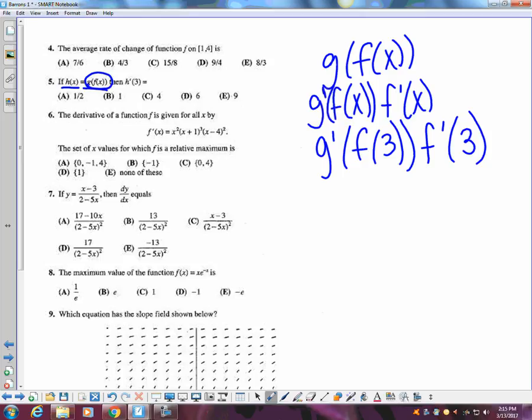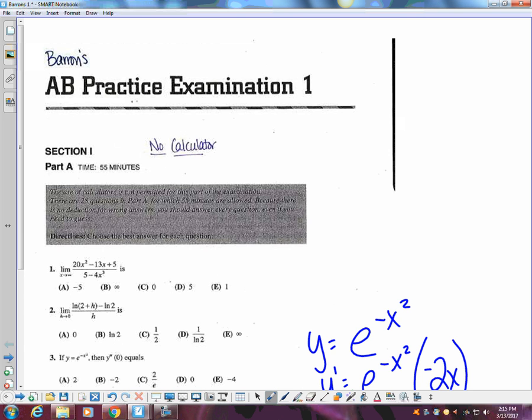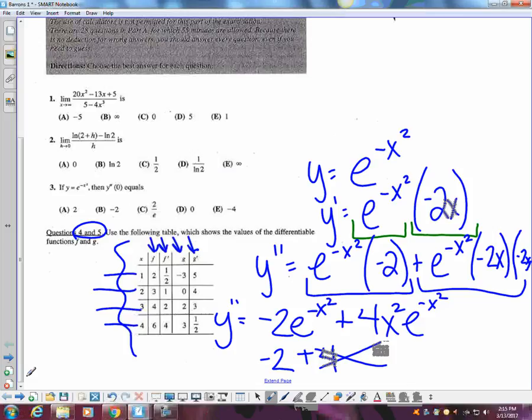All I've done is put a 3 in where my x's are. Okay, let's go find this piece right here. So go flip over to your chart. Now, this wasn't f prime, this was just f. f of 3 is what?